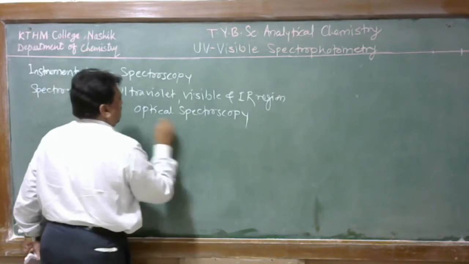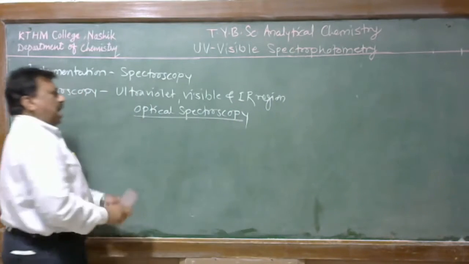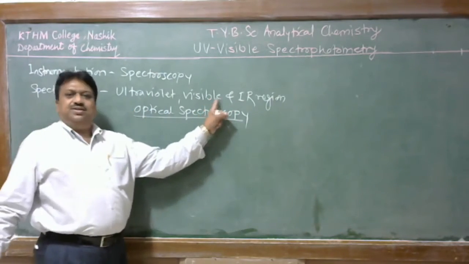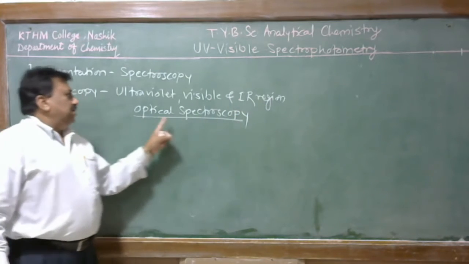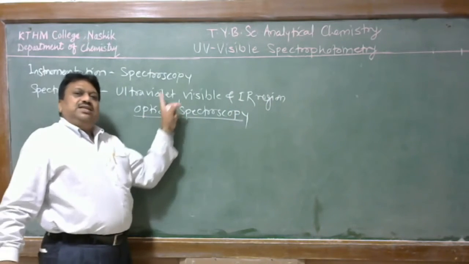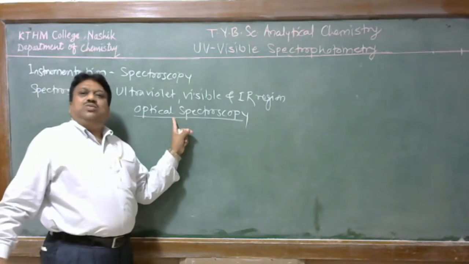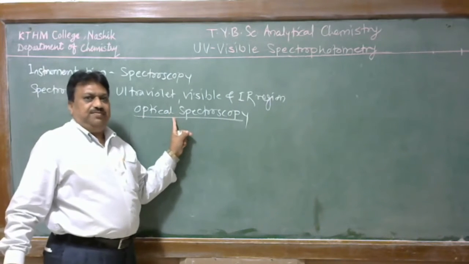That means the ultraviolet region, visible region and infrared region. Measurement of an analyte in this region is related to optical spectroscopy.